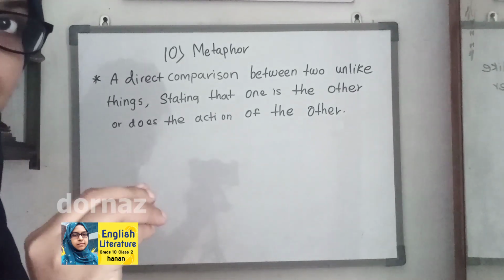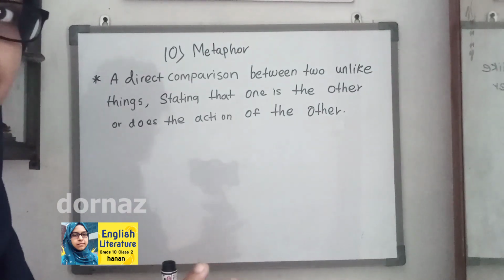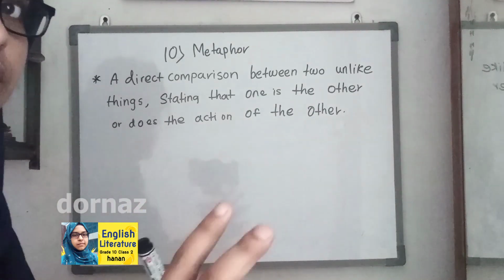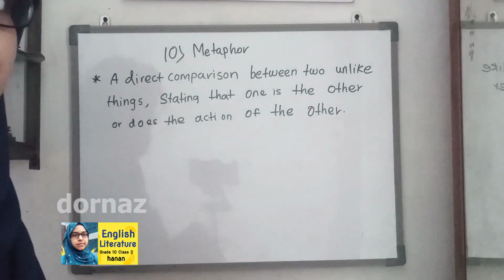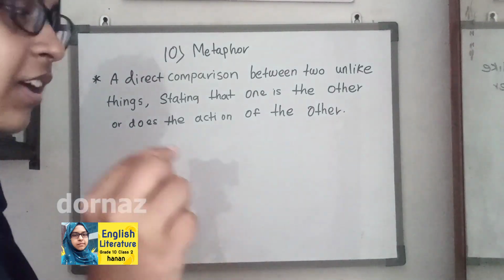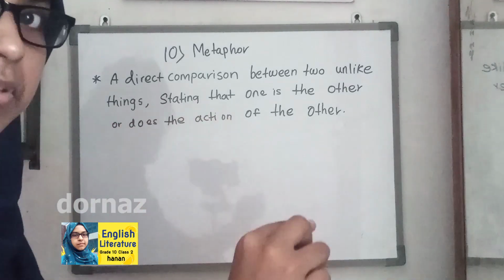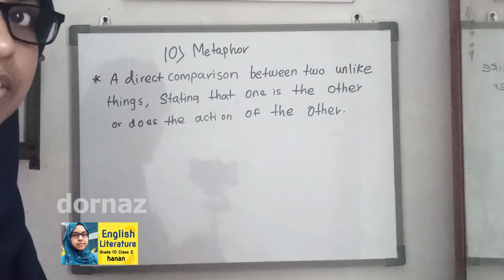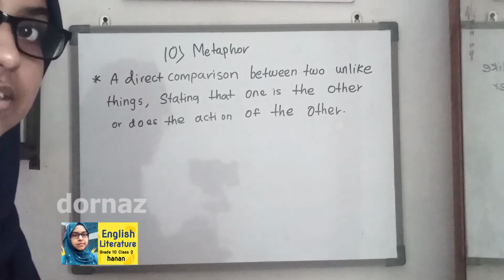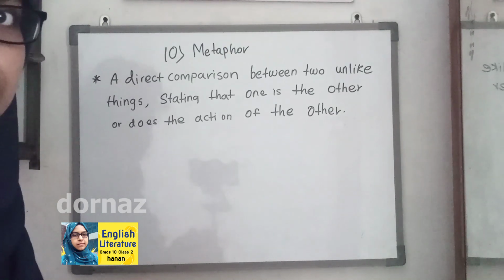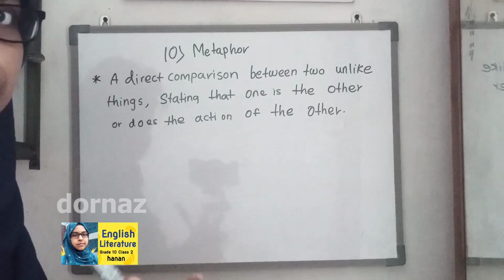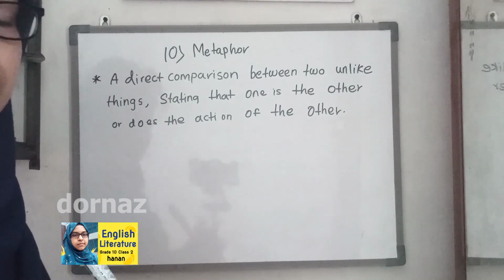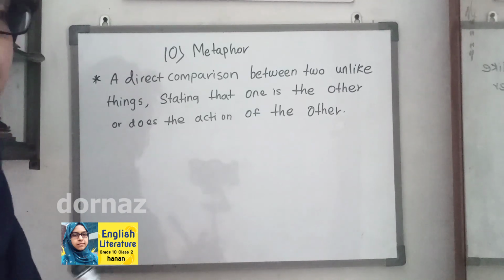If we say her face is like moon, it will be called a simile. When the word like comes in a line, it is called a simile. But here we say her face is moon. Moon, face. These two things are compared directly.